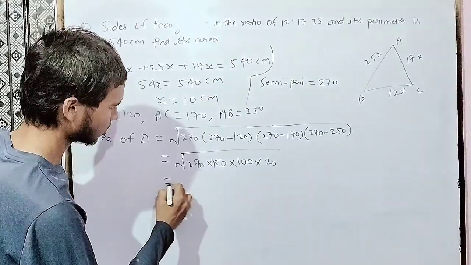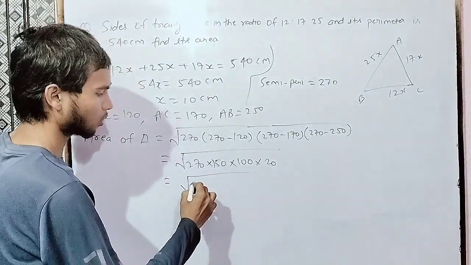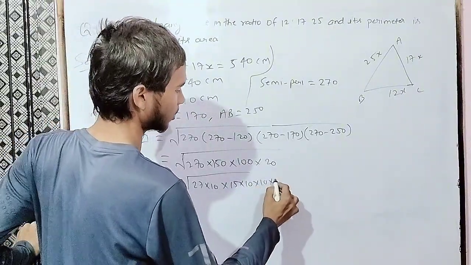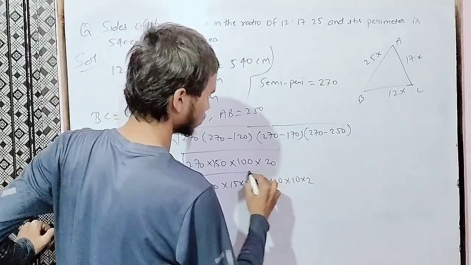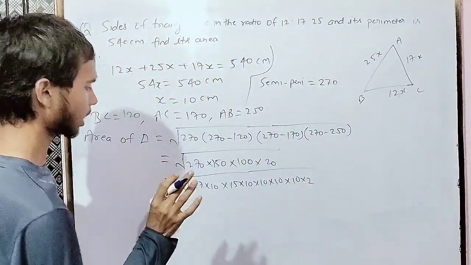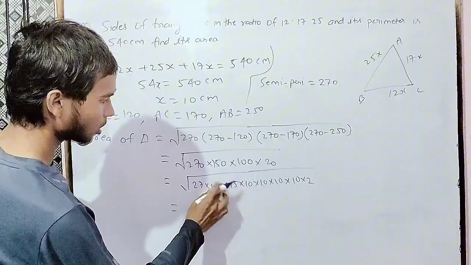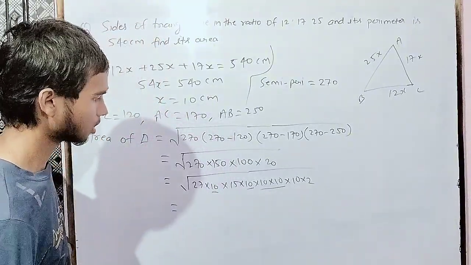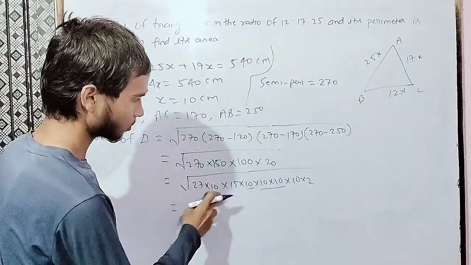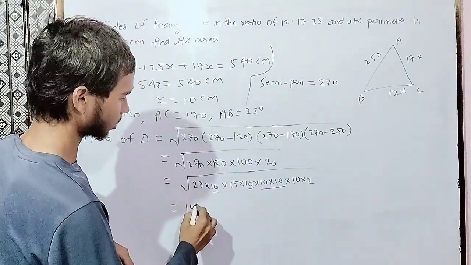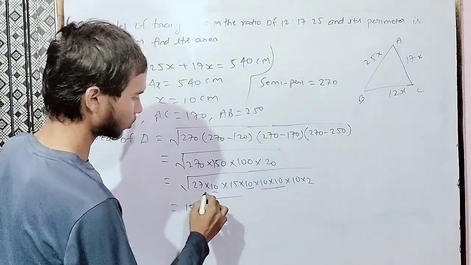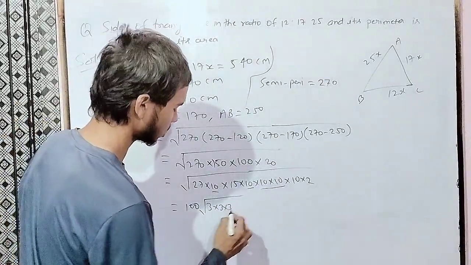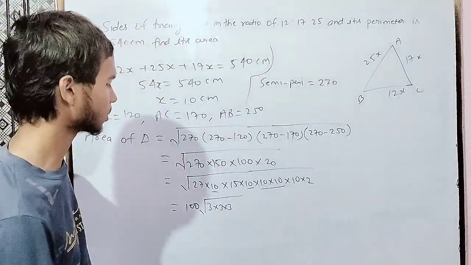Can we factor this? Yes, of course, easily we can factor. Let's factor: 27 multiplied by 10, 15 multiplied by 10, 10 multiplied by 10, 10 multiplied by 2. Do you agree with this? Here 27 multiplied by 15. Three 3s are 9, nine 3s are 27.